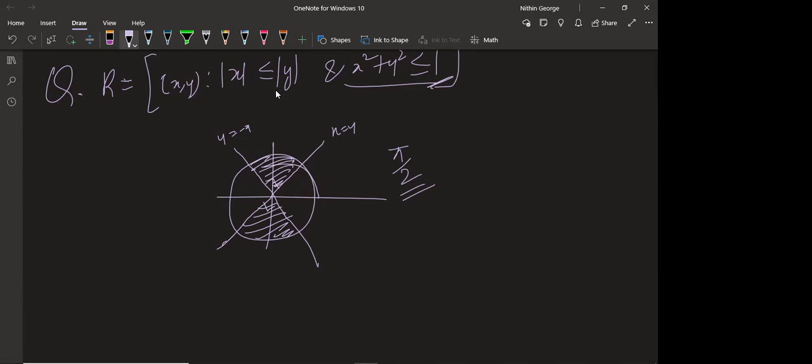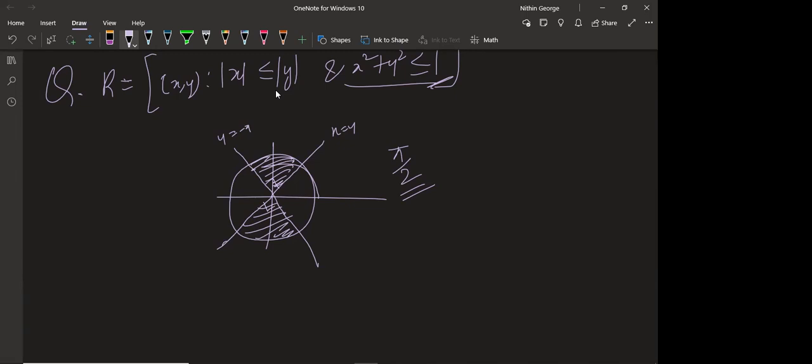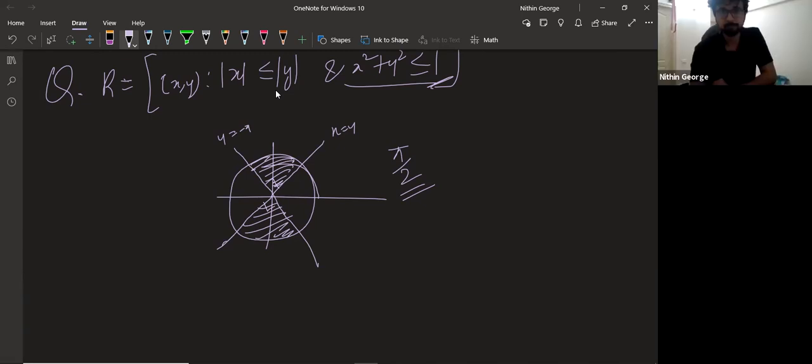So how did you get the shaded part? Okay, good question. So we have mod x less than or equal to mod y. This represents 2 lines basically, that is for sure. But the lines divide the plane into different regions.